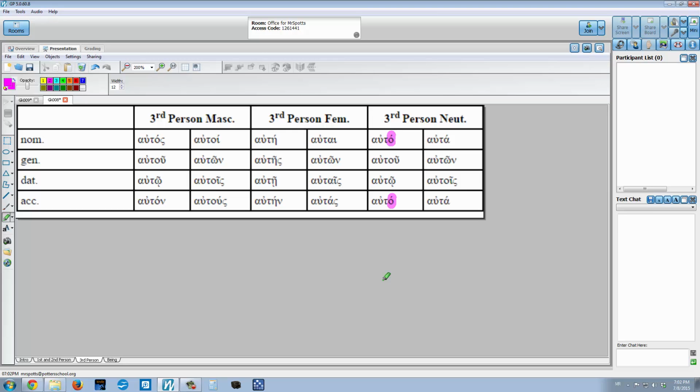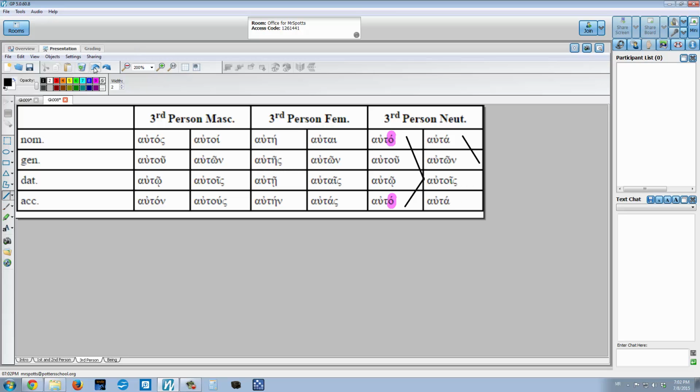No. Of it, to it, it. And the neuter, nominative and accusative singular match each other just like they always do. And the neuter, nominative and accusative plural end with an A just like they always do. But the nominative and accusative singular, instead of being auton, is auta.